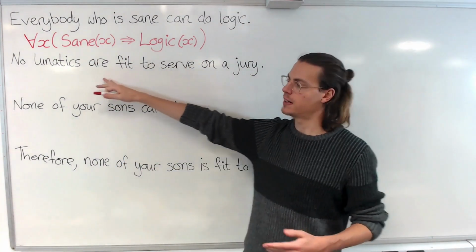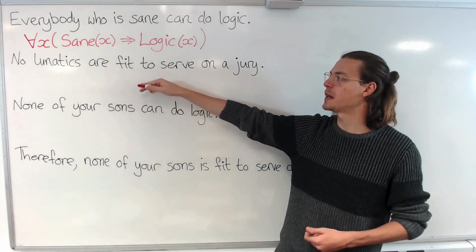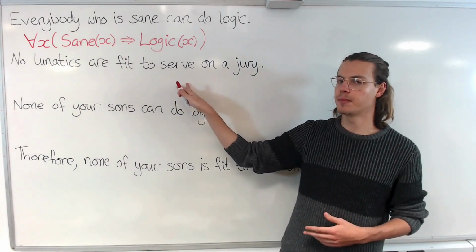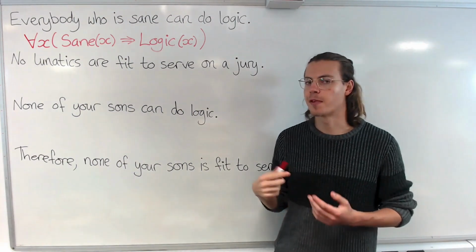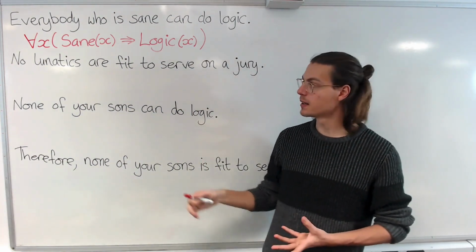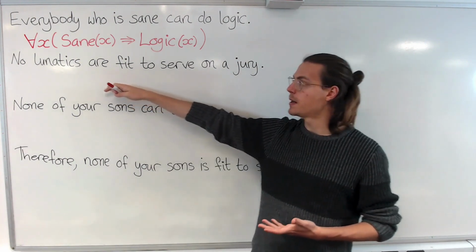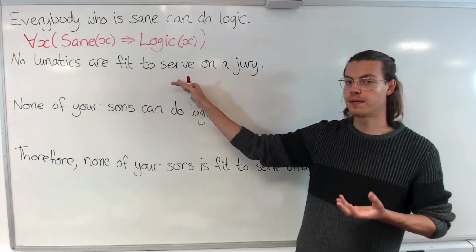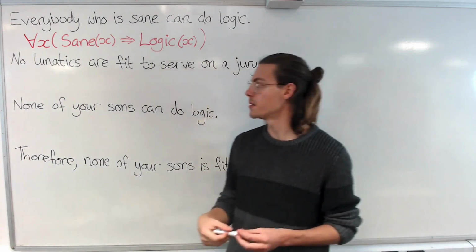The second premise is no lunatics are fit to serve on a jury. In other words, for any person X, if X is not sane, that is, if X is a lunatic, then X is not fit to serve on a jury.